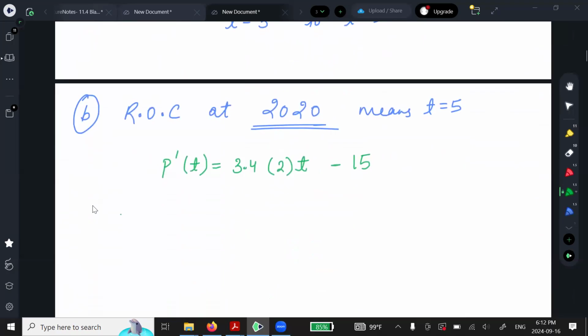So what is the rate of change at t equals 5? Just plug in 5 there, you get 6.8 times 5 minus 15. What is it? 19. And what are the units here? $1,000 a year. Good job. And you can do this, right? Dollars per year. And if I wanted to express your answer in an English sentence, how will you say it?